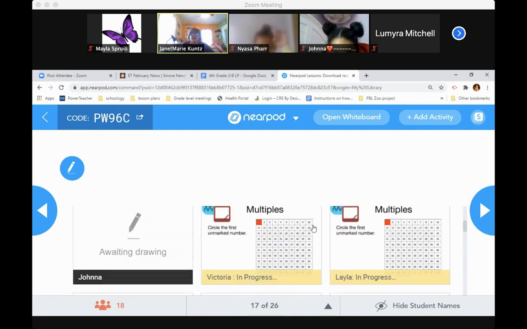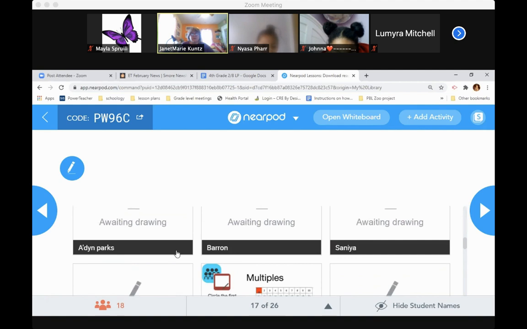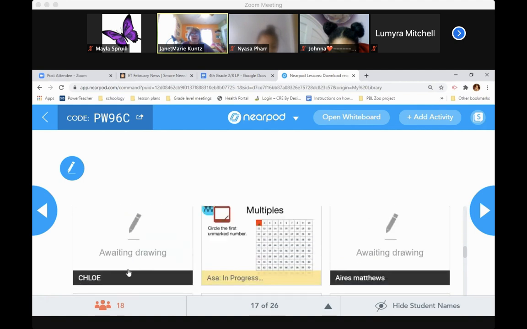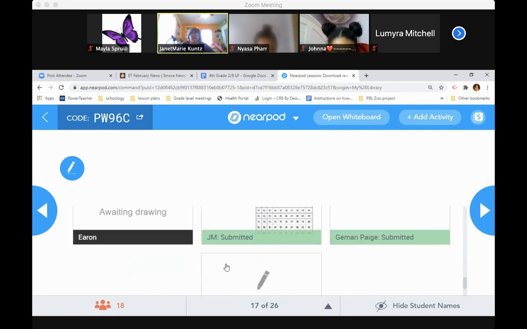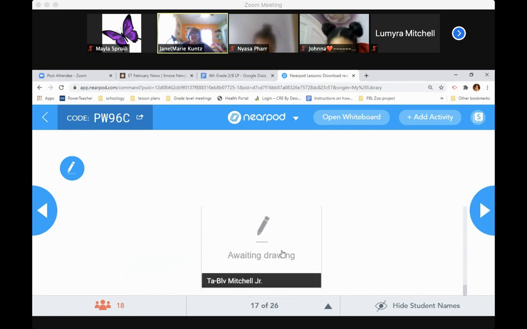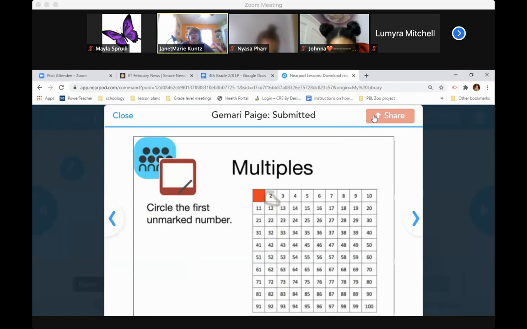Waiting on Mia, Morgan, Sanaya, Chloe, Aries, Caden, Dylan, Christopher, Aaron, Tabby. All right. Jamari said you should have circled this number. You should have circled it too, because that was the first unmarked number.